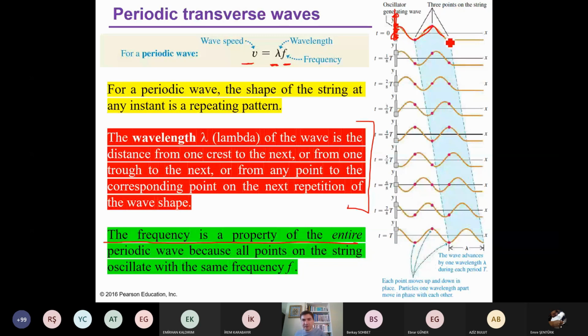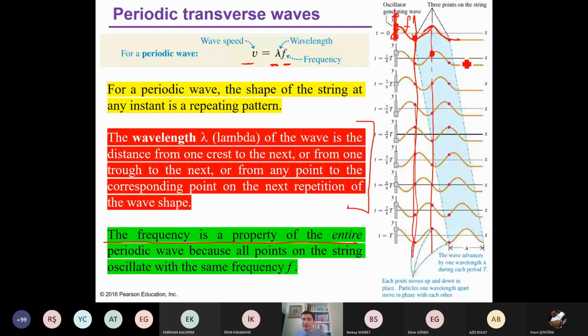Look at this particle here on the left side. This particle oscillates with some certain frequency and amplitude, okay? And here we have another particle on the medium, and this particle also has periodic motion. This also has the same frequency, okay? So each particle on this medium has the same frequency.